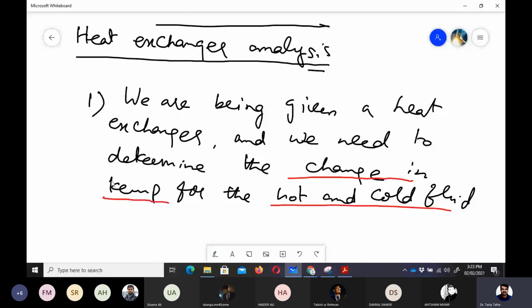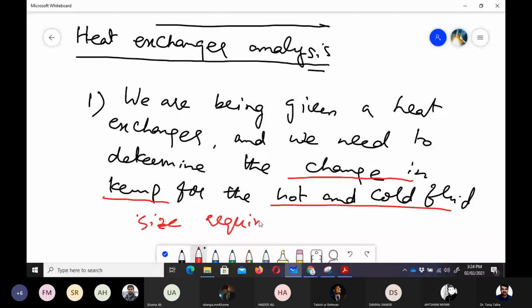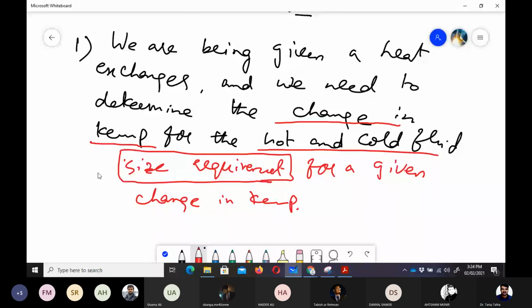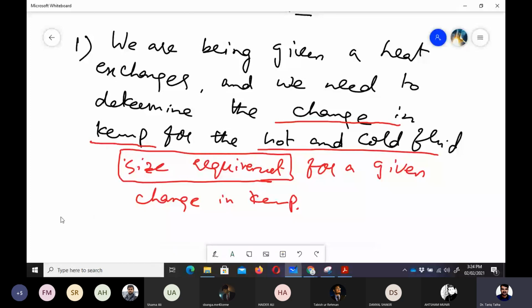The second thing is that if we want to know how much size of the heat exchanger is required to produce that change in temperature, then we write the size requirement for a given change in temperature.